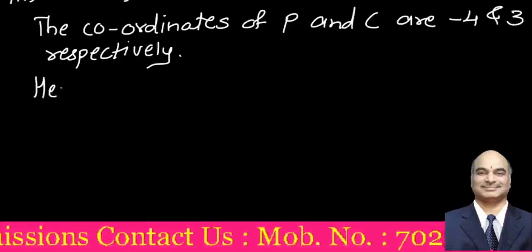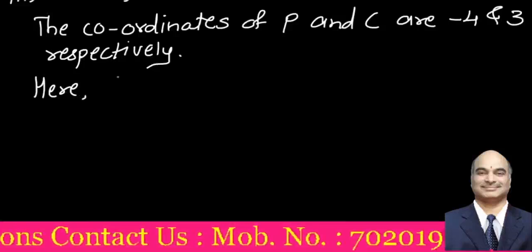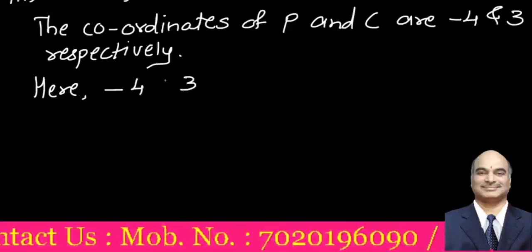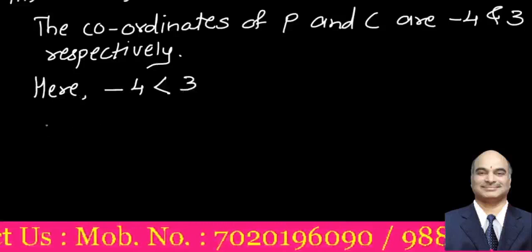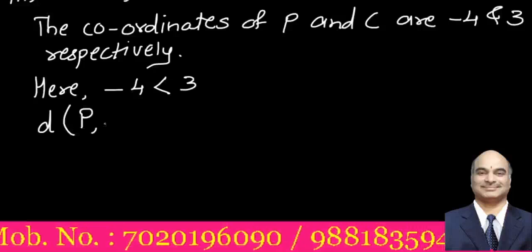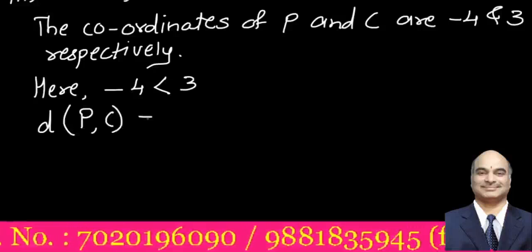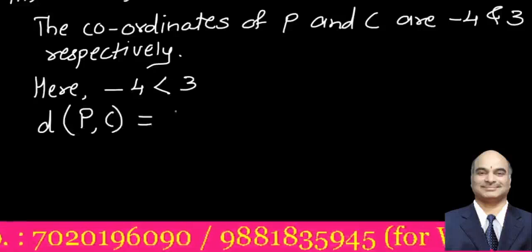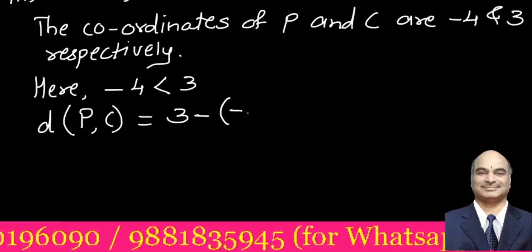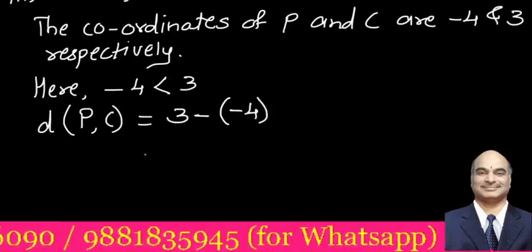So which is the lesser number, the smaller number, -4 or 3? Now one is positive, the second is negative. Negative is always smaller, yes. So distance PC is equal to greater number 3 minus smaller number, which is negative, so we should put it in brackets.